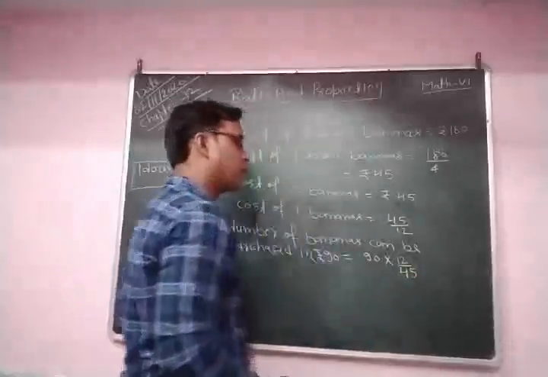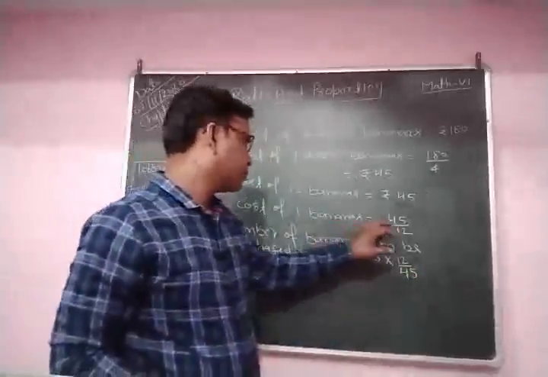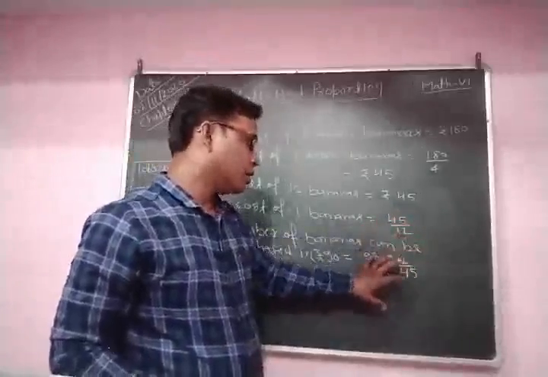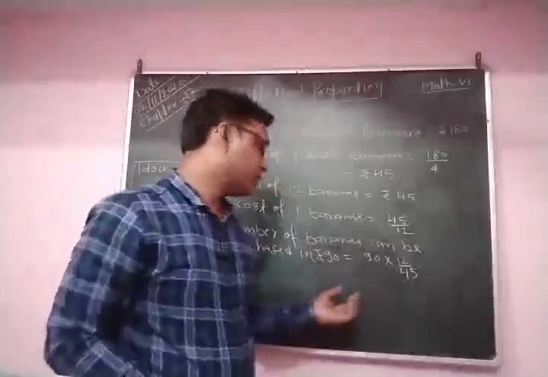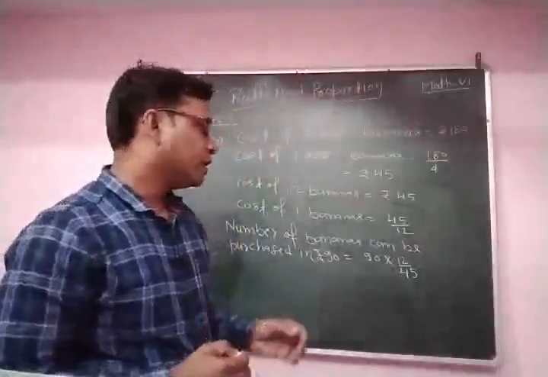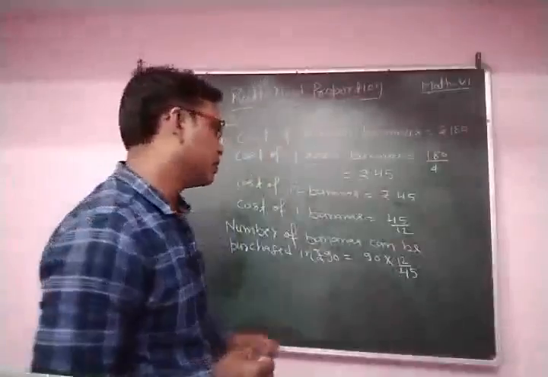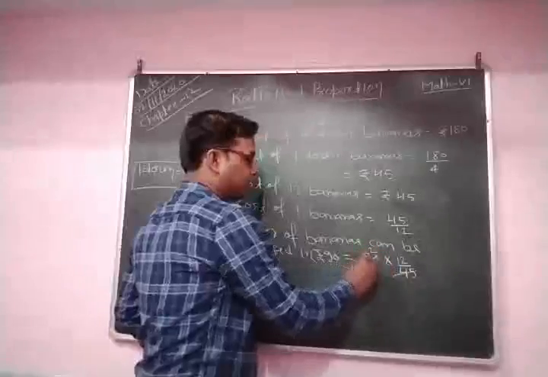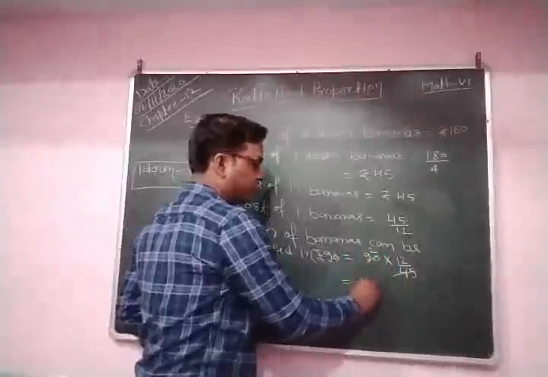Okay, because the cost of one banana is 45 by 12. So the number of banana that can be purchased in 90 rupees is equal to 24, since 45 goes into 90 twice.